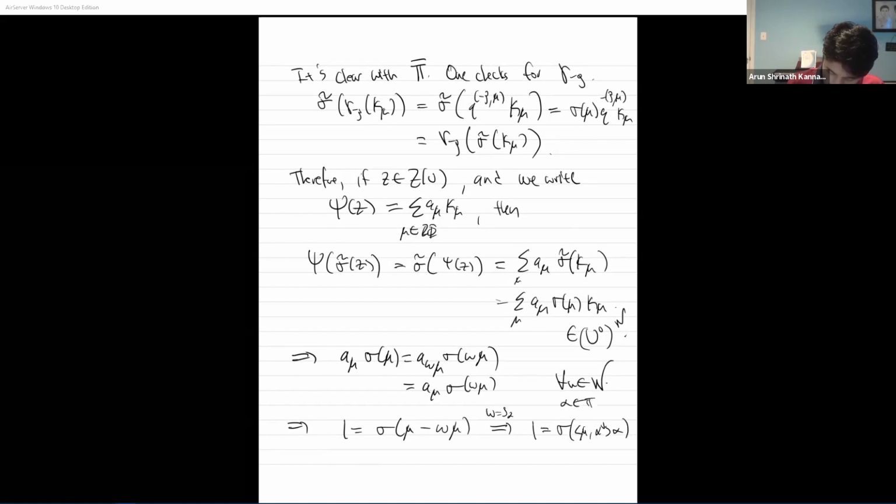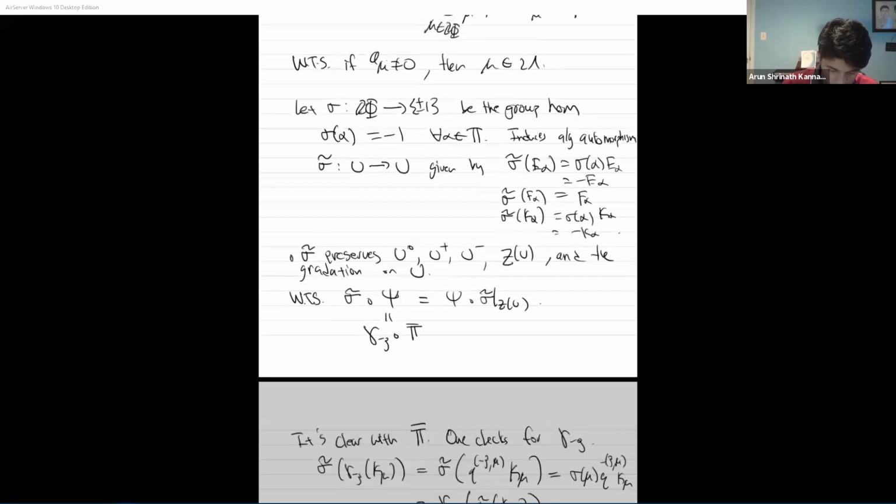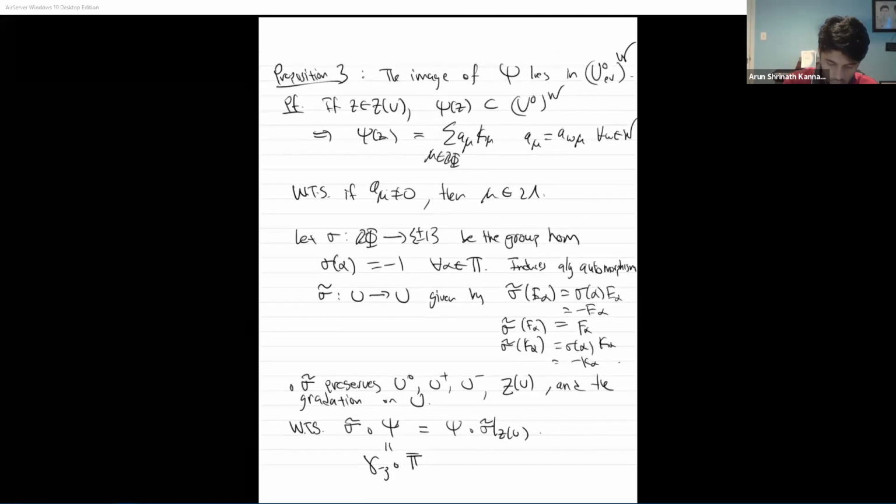Now sigma of alpha is -1, and mu comma alpha check is an integer, so this is, of course, -1 to the mu comma alpha check. Okay, and so this is what I was trying to say earlier, this forces mu comma alpha check to be a multiple of 2. And that shows the proposition, which it should lie in here.